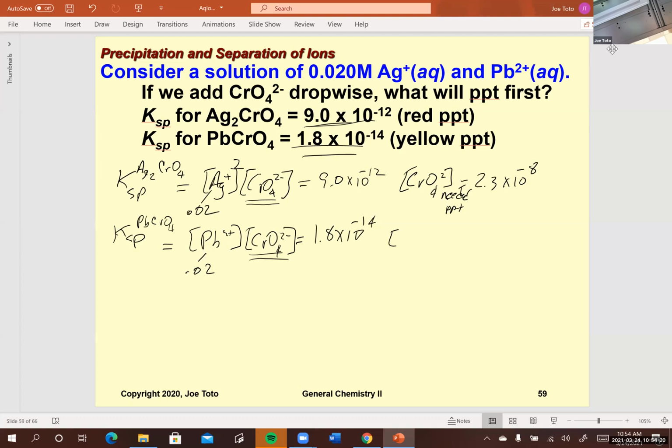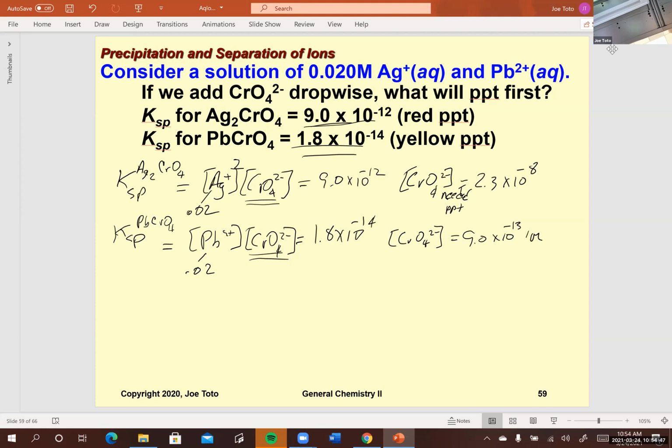And in this case, the amount of chromate needed for precipitation, I calculated to be 9.0 times 10 to the minus 13 molar.